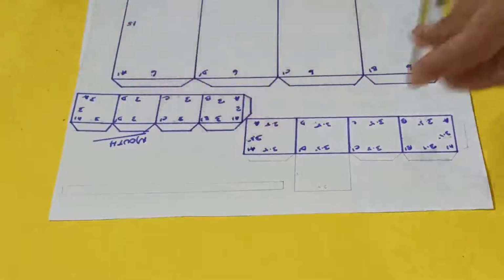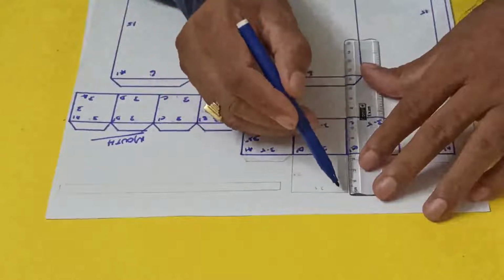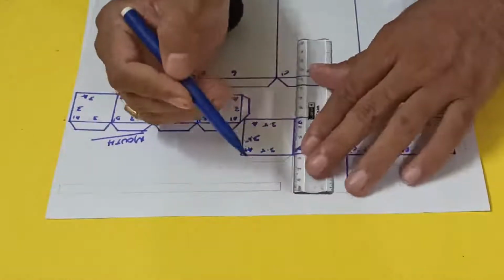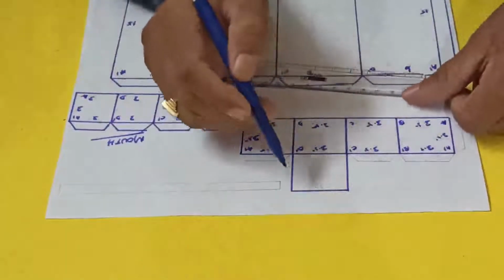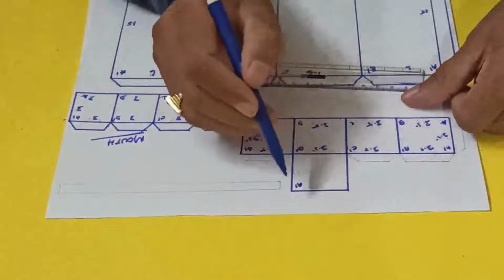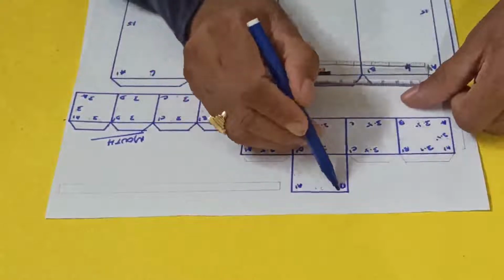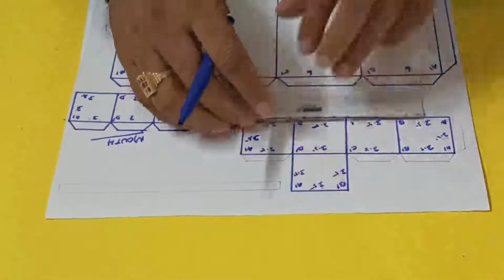Now one more, the cap cover, 3.5 centimeter side. So this one A dash and this one B dash, 3.5. Now border.